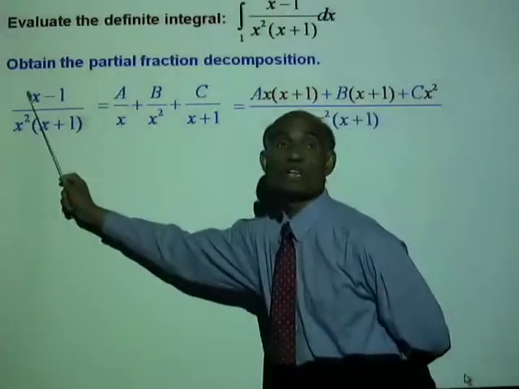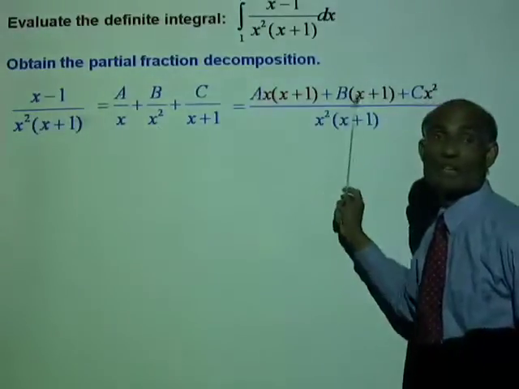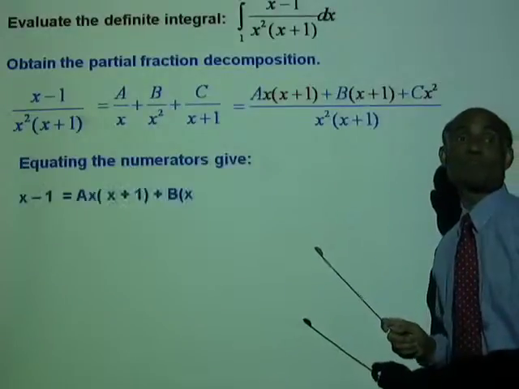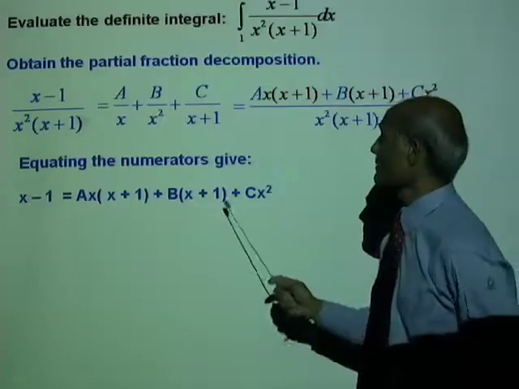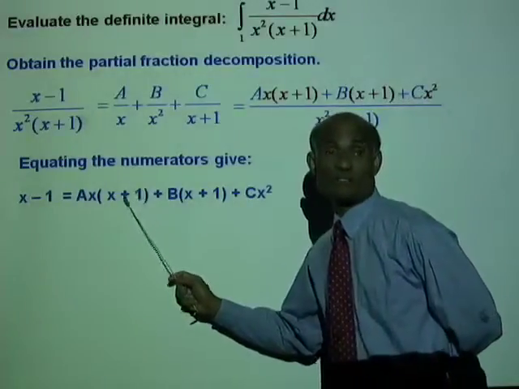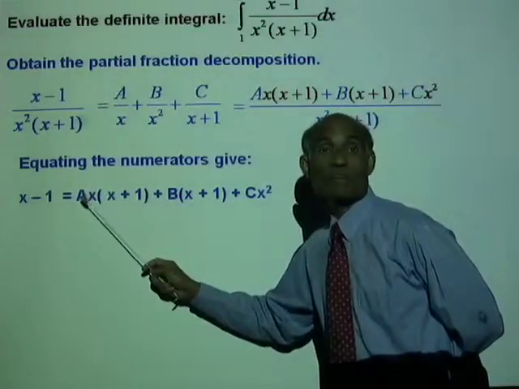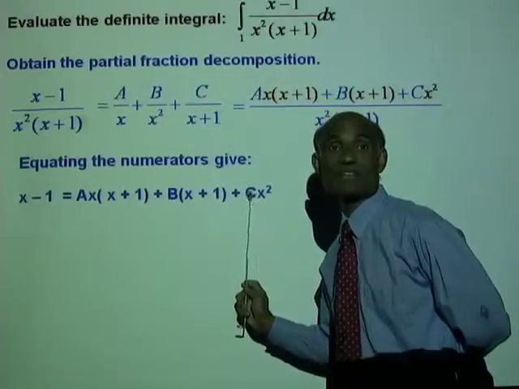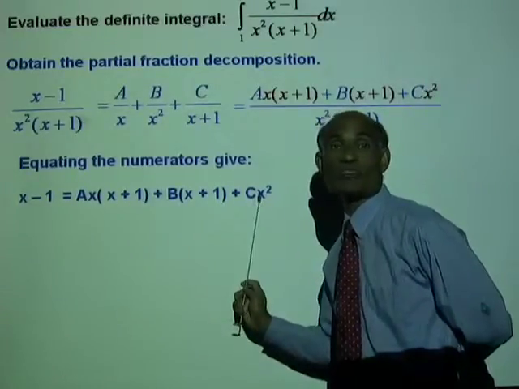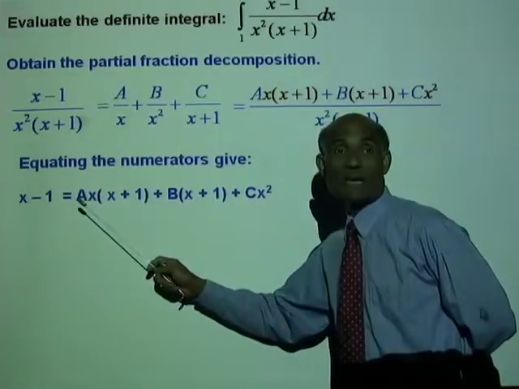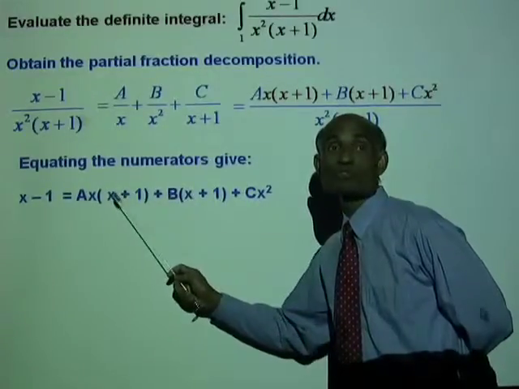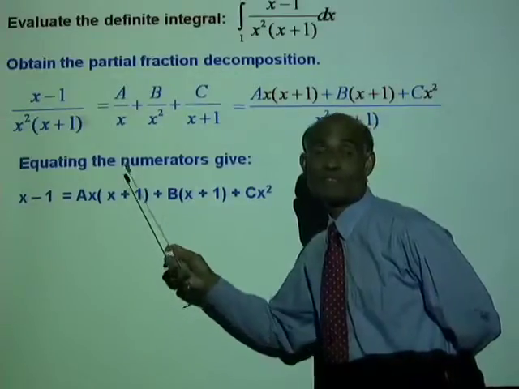And now we have the numerator on the left equal to the numerator on the right. Well, if you look closely, this is very simple. We can eliminate A and C by choosing x equal to 0. We can eliminate A and B by choosing x equal to -1.